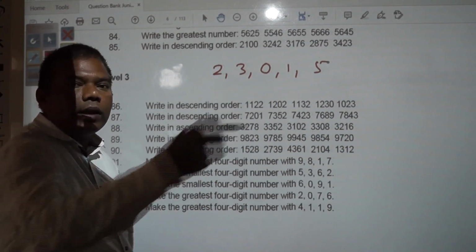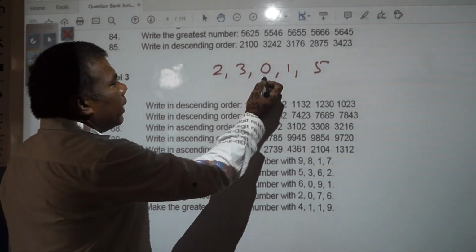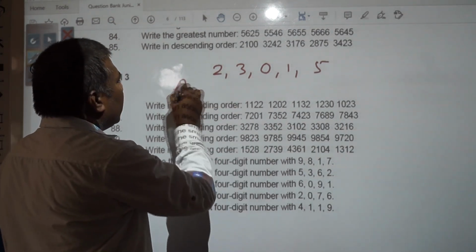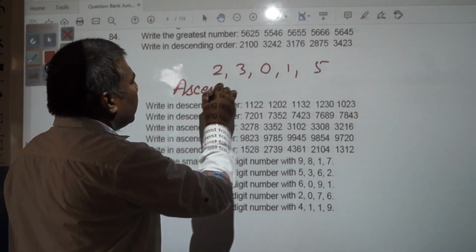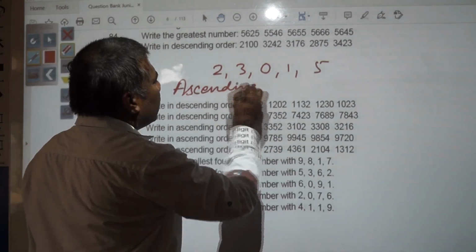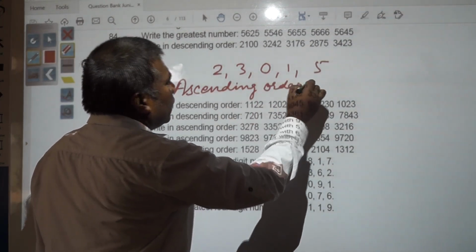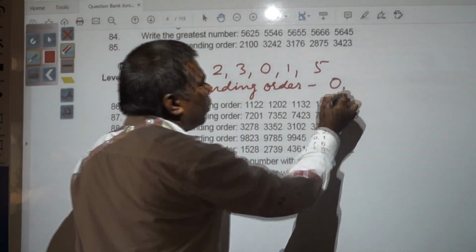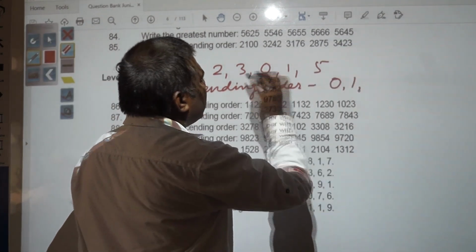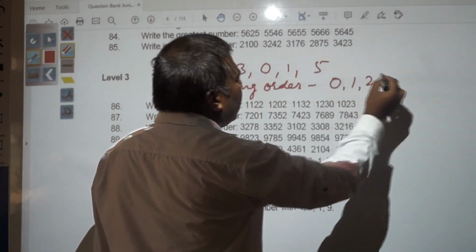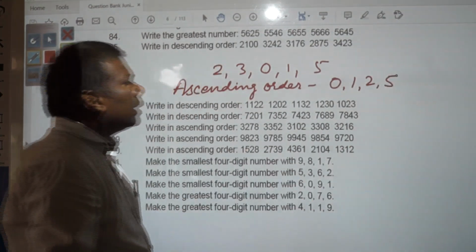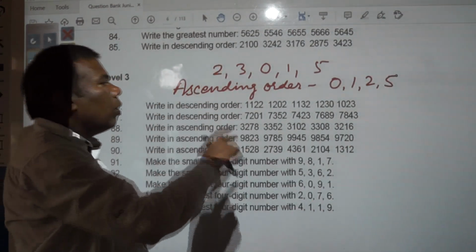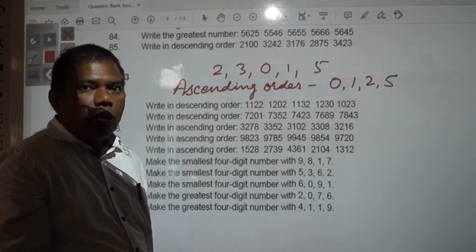Smallest to greatest. So you need to find the smallest number. The smallest number is 0. Then comes 1, then 2, and then 5. This is ascending order, also called increasing order.